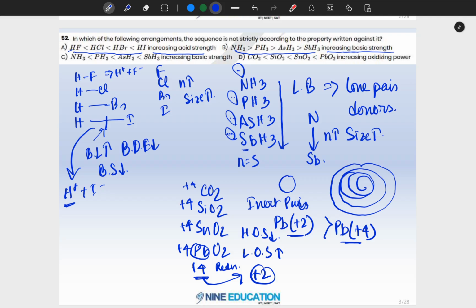So PbO2 has the highest oxidizing power, and the oxidizing power will keep on decreasing when we move from lead towards carbon. So for D, the order is correct against the property which is stated against it. So C is the only option in which the orders and the properties are not matching at all, so C should be the correct answer over here.